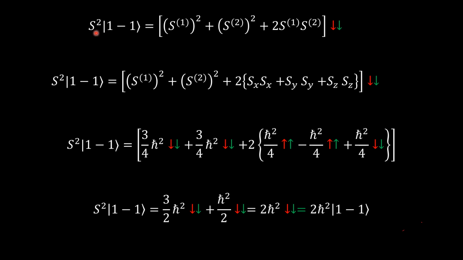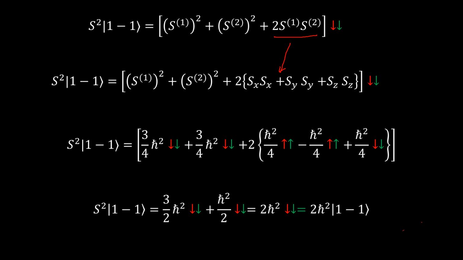Now we will see what will happen if S squared acts on |1,-1>. So S squared can be written as S1 squared plus S2 squared plus 2 S1·S2. And of course, as we have done earlier, you expand this like this: SxSx, SySy, SzSz.